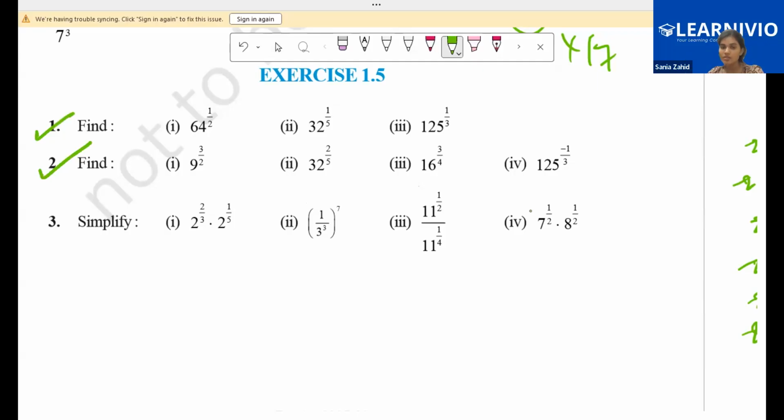Try doing the first question. If you're able to do it, well and good, then tell me the answer. Then you move to the second question, right?